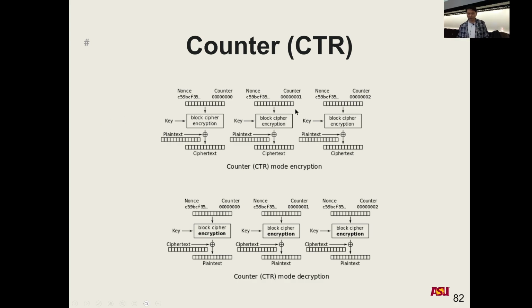Here, 0, 1, and 2. So this plain text will be different, even if we input the same text. In this way, the nonce and counter are encrypted first, and then make the ciphertext. So decryption is a reverse process. So this is the counter mode.